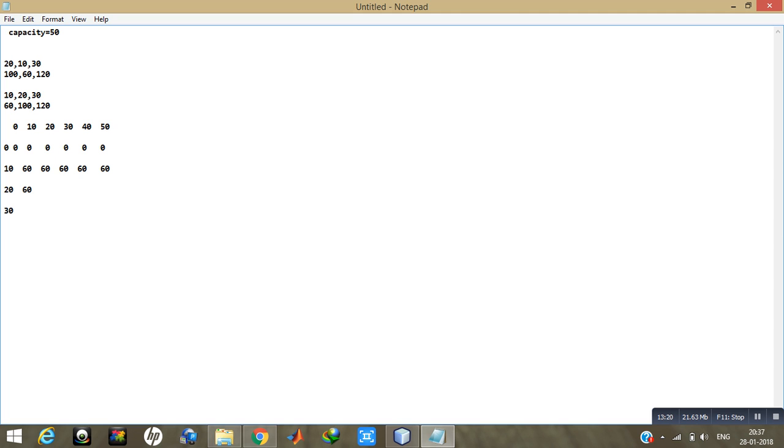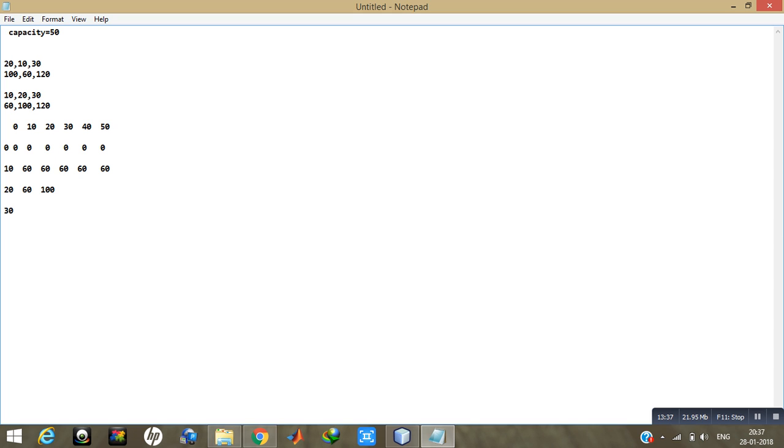So we are just given the conditions. We have three conditions basically. One is a base condition: if our capacity is 0, or we are given the weight of just 0, then our answer should be 0.